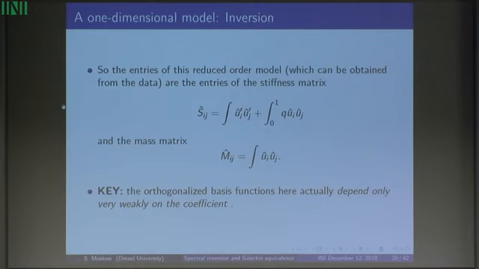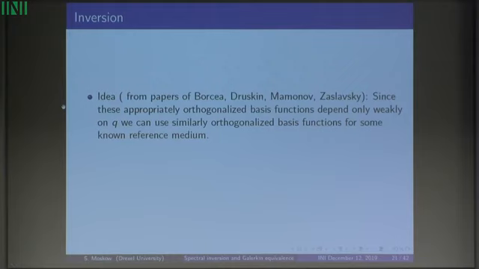From the data, I can get S and M, and I can orthogonalize and solve for the coefficients, but I don't have the basis, because the basis depends on Q. But once I orthogonalize, I find that the basis depends on Q so weakly that one can actually use the similarly orthogonalized basis from a reference medium as your basis here. And once you have that, there's a lot of different things you can do.